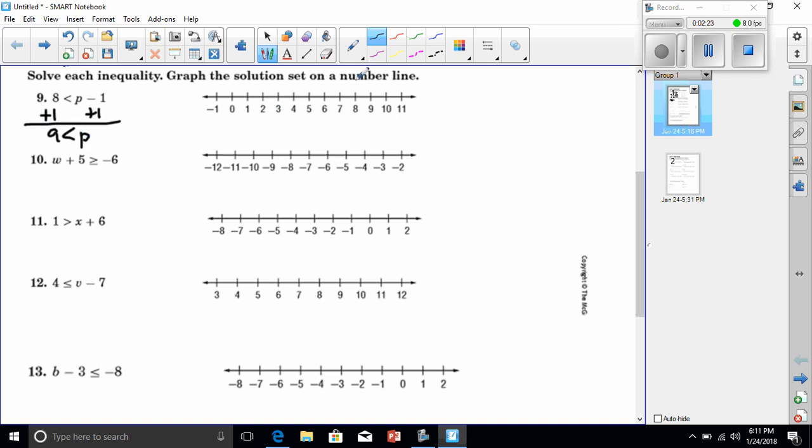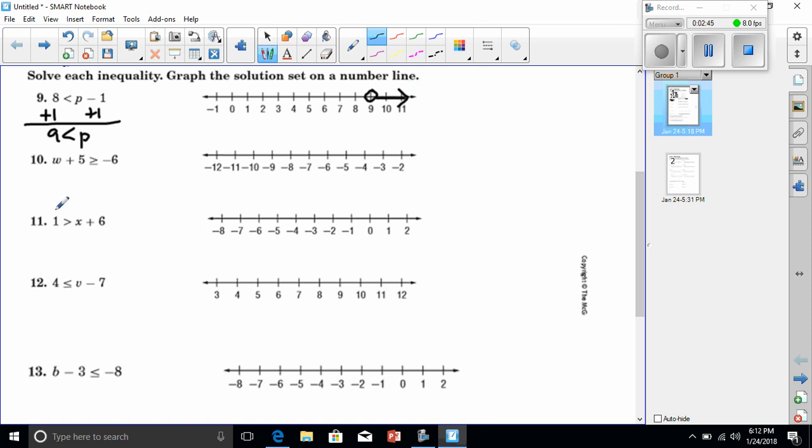So I go to 9. I have to remember to circle it because I am not including 9 in my answer. There's no equal sign here. And since I know that 9 is smaller than p, that means p is greater than 9. So that means my line and arrow will go this direction.